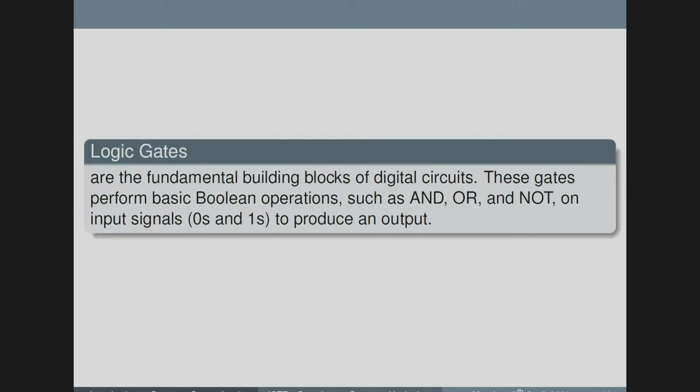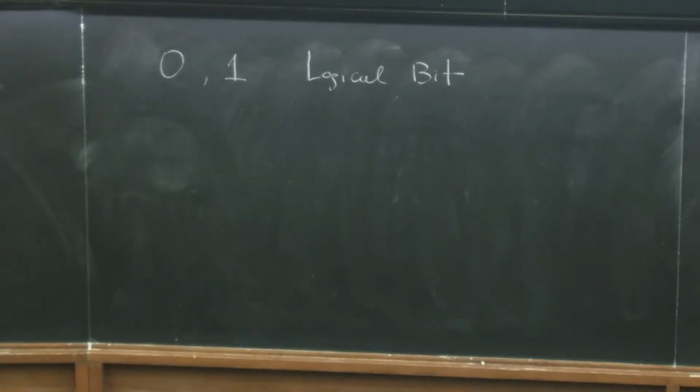In logical circuits, as you know, you have your logic gates. And for logical circuits, you have either a 0 or a 1. This is a logical bit. You start there, and when you are developing a circuit, your fundamental building block of logical computing is gates that help you go through your computation.